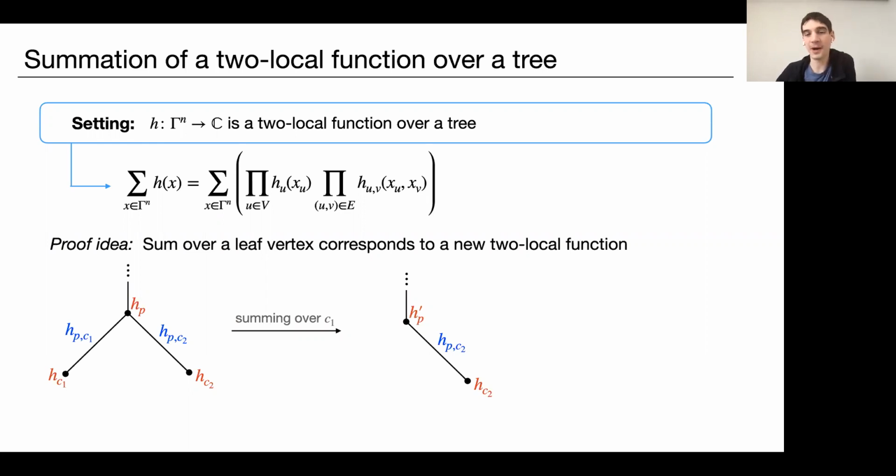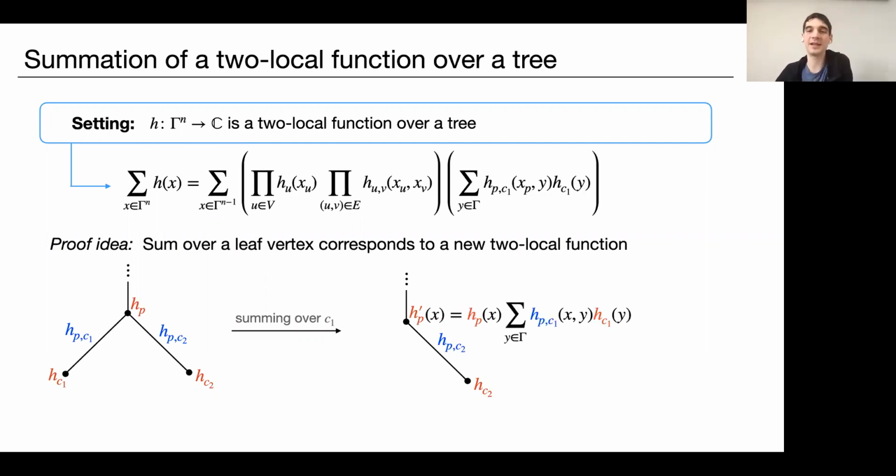This corresponds to a new tree where we contracted that edge. The reason this is true is because you can simply take all of the terms of your two-local function that contain that vertex and push them as far to the right as you can. Then the two-local function will factorize in this way, and so you can prove inductively that this will give you the right thing.